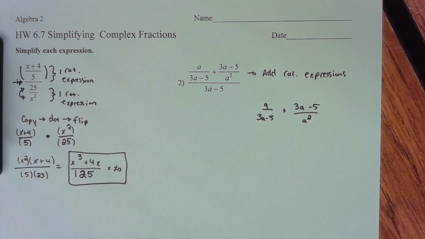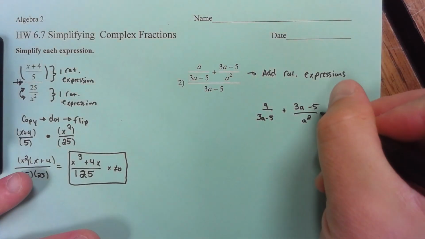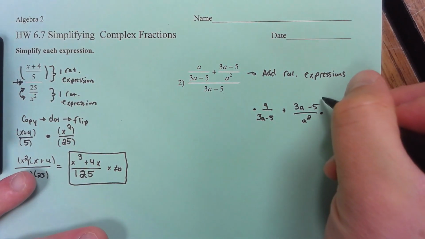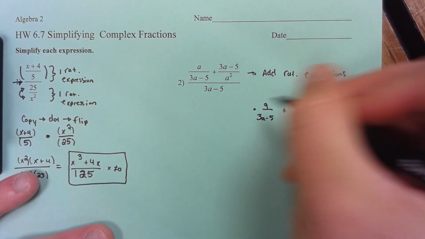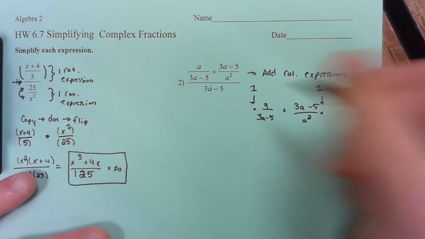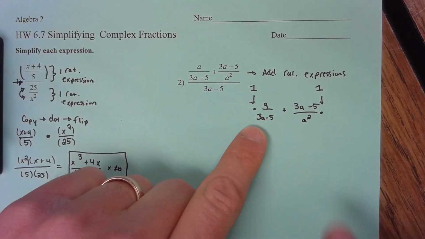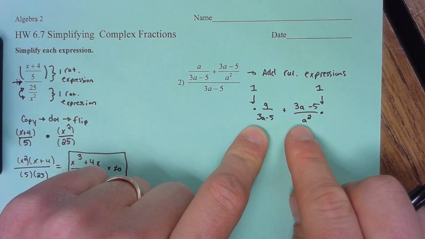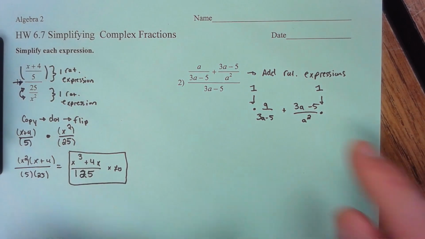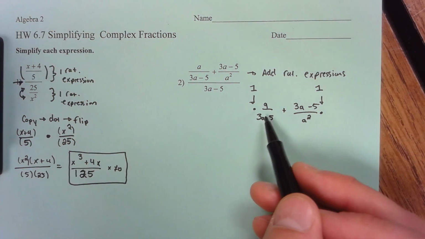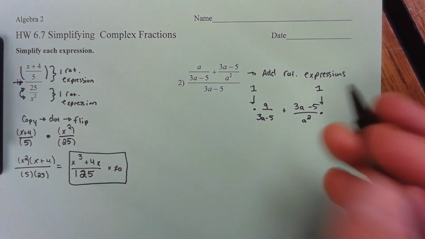Remember that when we go to get a common denominator, we have to multiply by some form of 1. If we're not multiplying by 1, we're changing the value of this expression. So that idea of multiplying by 1 is really important here. Because there are no common factors in either denominator, I take this first fraction and multiply it by the other's denominator.